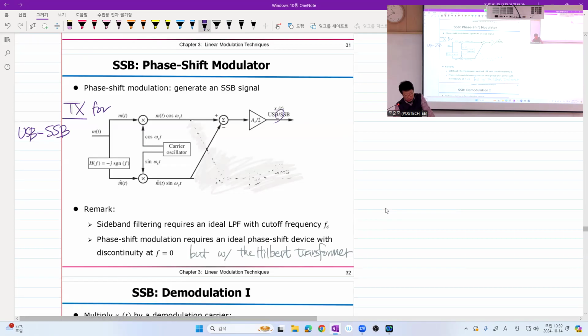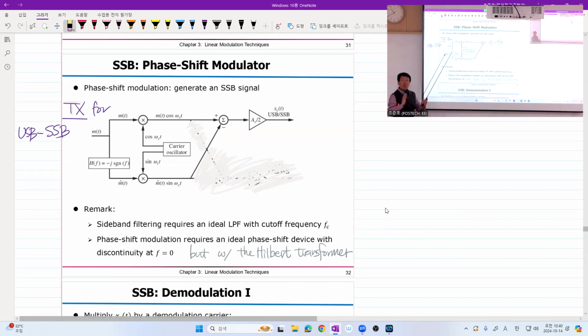And let's see what's going on. Here you have the message, right? As the input to this SSB modulator. And here goes the message. And here goes what? This is a simple Hilbert transformer.